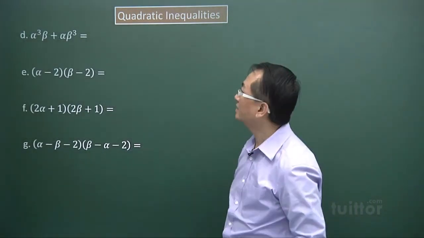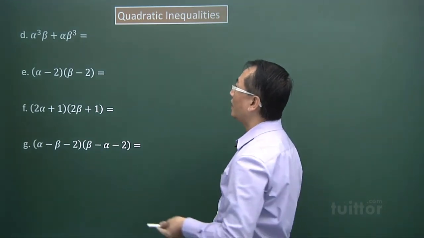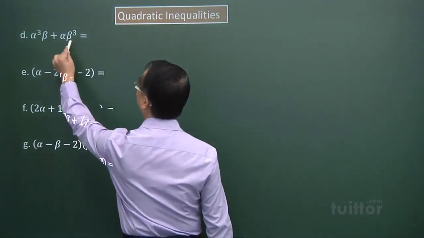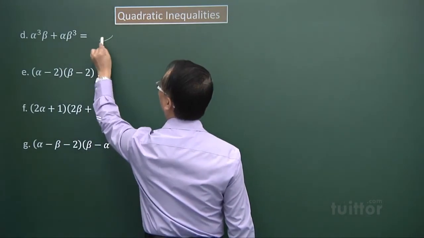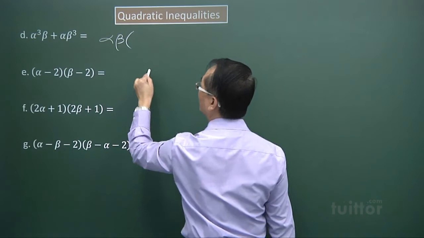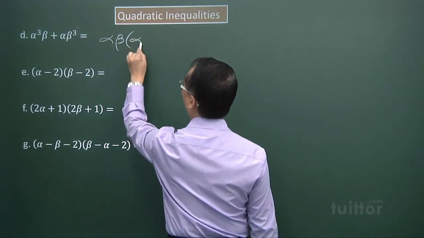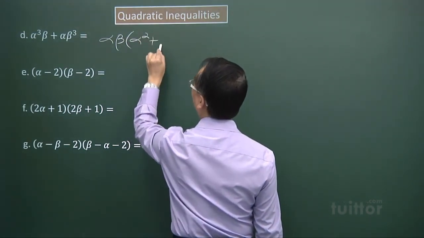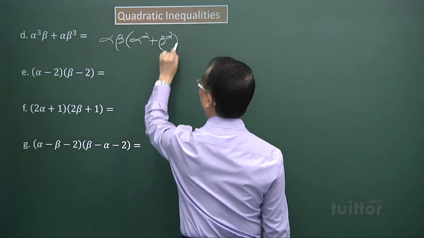Let's look at D. I can take out the common factors alpha and beta. Once I've done that, what's left is alpha squared plus beta squared.